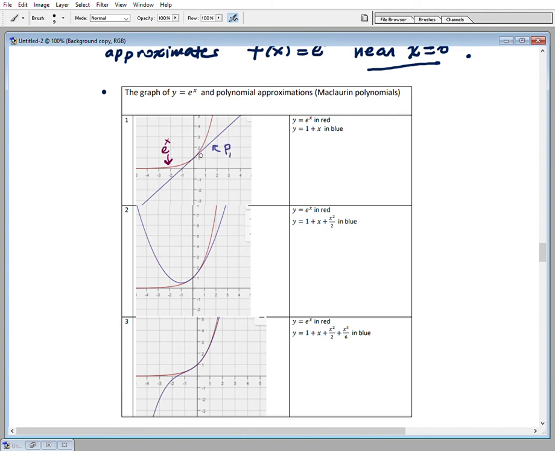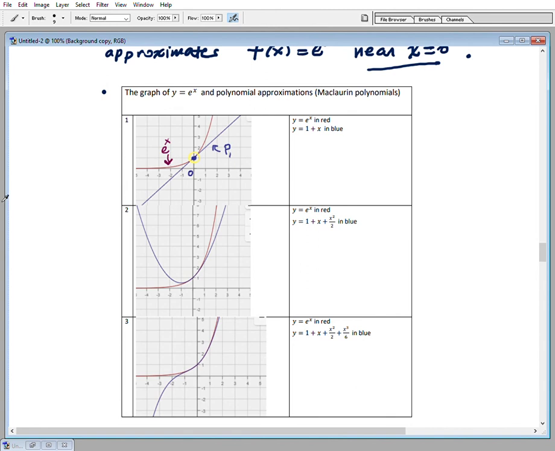The first polynomial is just the tangent line, at x equals 0, only at x equals 0 right here. All the P's are going to go through (0, 1), and e to the x goes through (0, 1). Now you see what kind of fit we have. It's a pretty good fit if we just draw a small circle, but we can't draw a big circle because then it starts to go off.